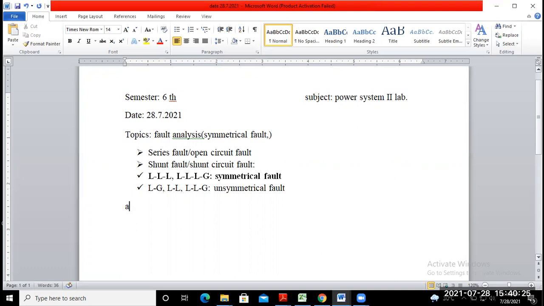Let's write here: assumptions for calculating symmetrical fault current.